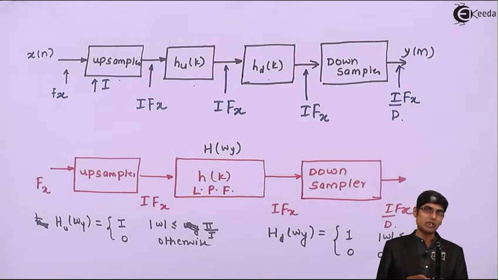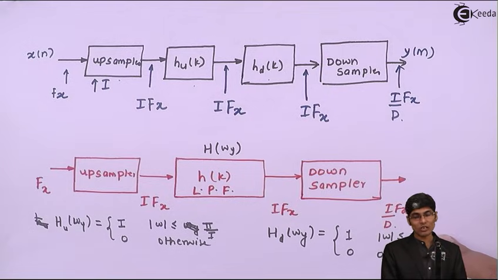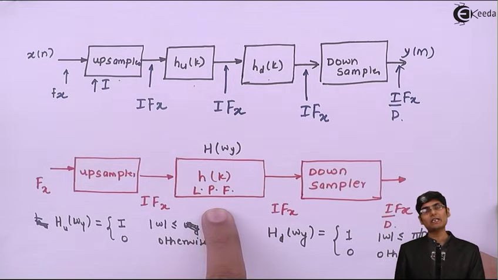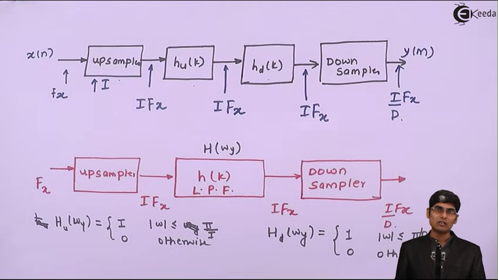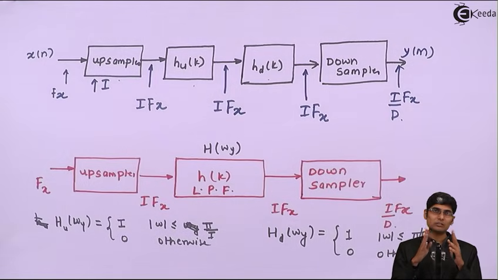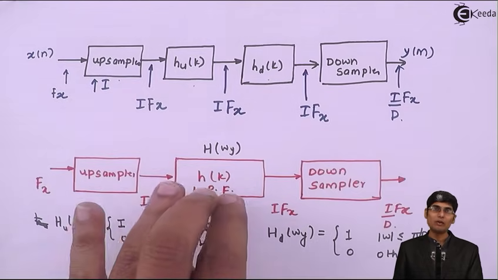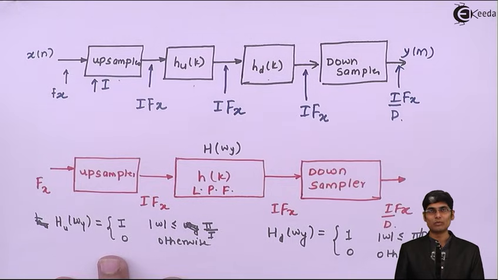If the pass band is not going beyond the limit of pi over d, then this will only act like an anti-imaging filter, because there will not be any aliasing, since the spectrum is not moving up to pi by d, it is below pi by d, so there will not be any aliasing. In that case, this low pass filter will act only for image removal.